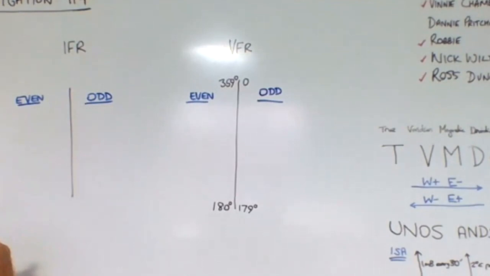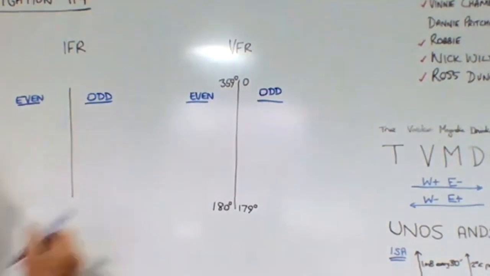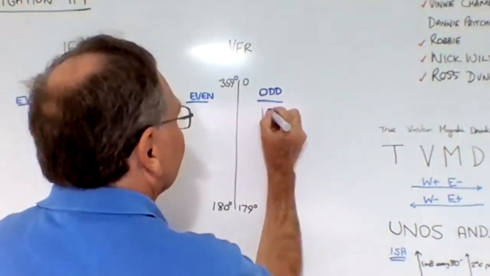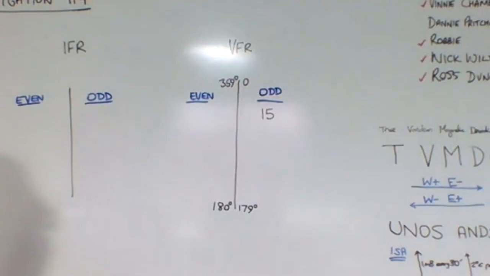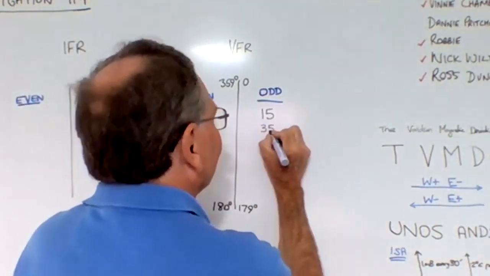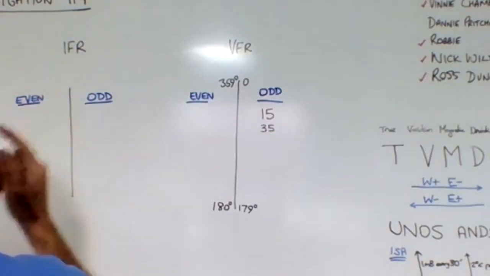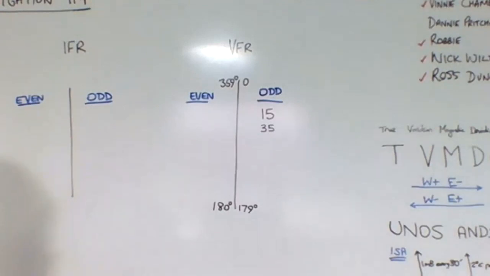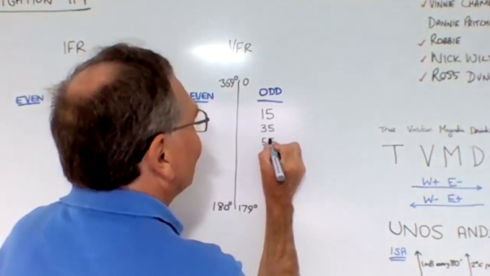We have odd here. And a VFR goes flight level 15, in other words. Then it goes up in twos. That's going to be 5-5.